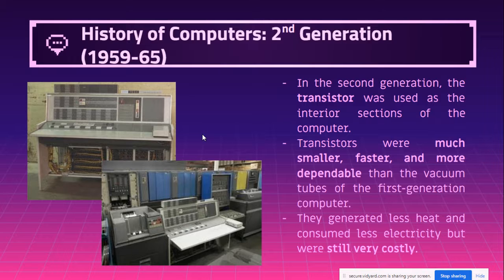Comparing to the first generation, they are now using transistors that are much smaller, faster, and more dependable. So we can already see some changes in the different generations and in the coming generations that we are going to discuss today.